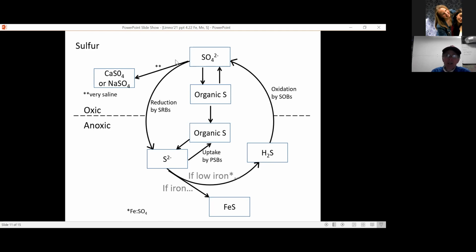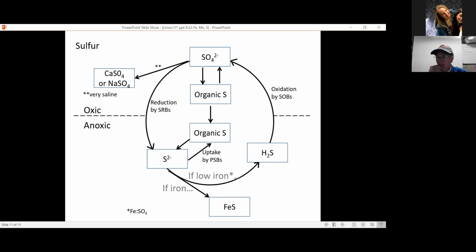In very saline environments, you can find a relatively high concentration of sulfate in the water, right? In low salinity water, calcium and carbonate are the dominant ions.